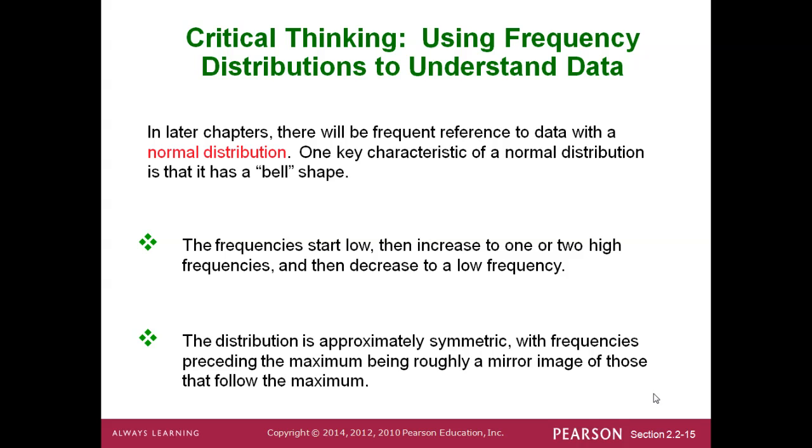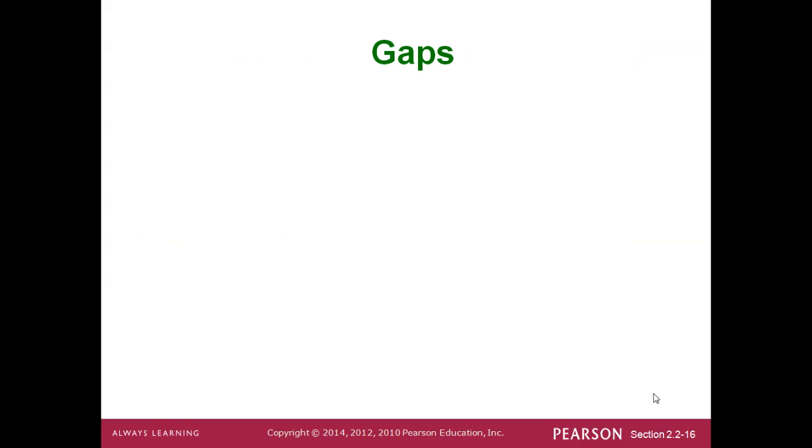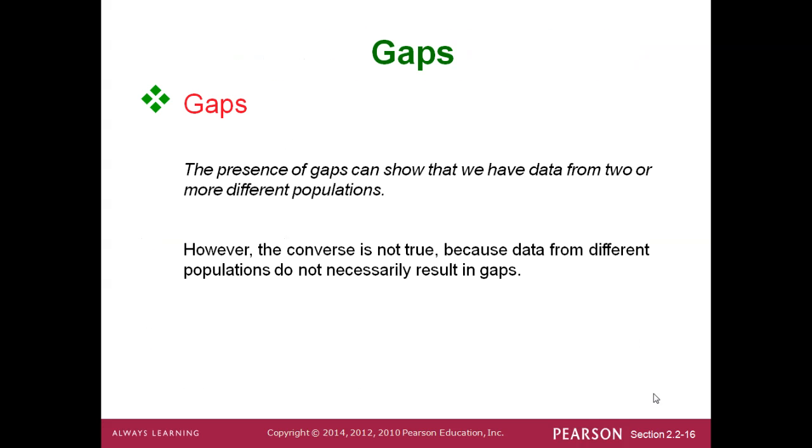Okay, so frequency tables, frequency distributions really are the basis of everything that we're going to get to here, and we're going to do some by hand, and we're going to use some technology to build some. Dealing with gaps in a frequency table. The presence of gaps is not good.